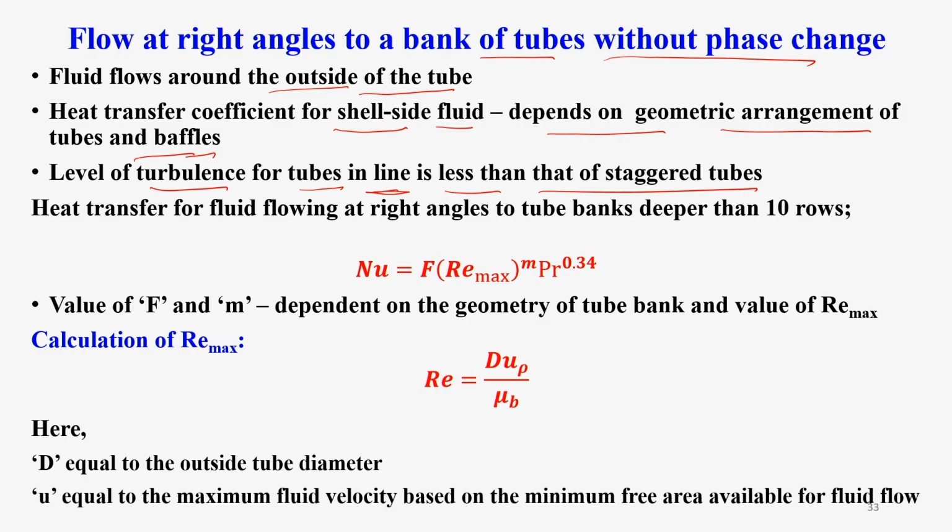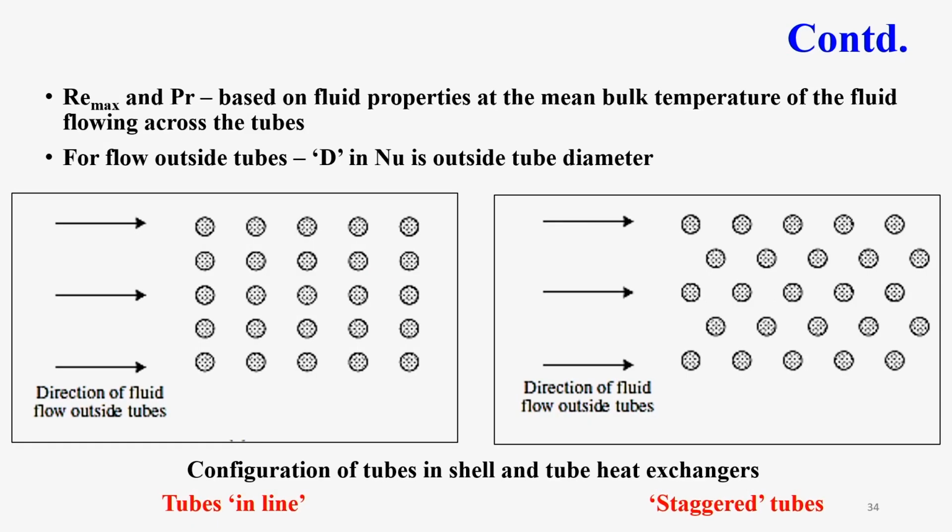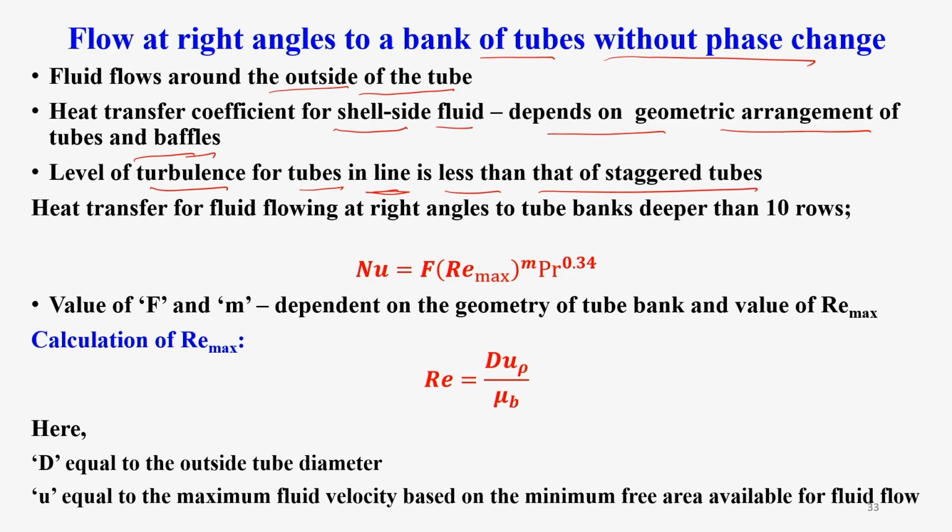Now there can be two different arrangements of the tubes. So here you can see tubes in line, they are all in one line, and this is tubes in a staggered way.